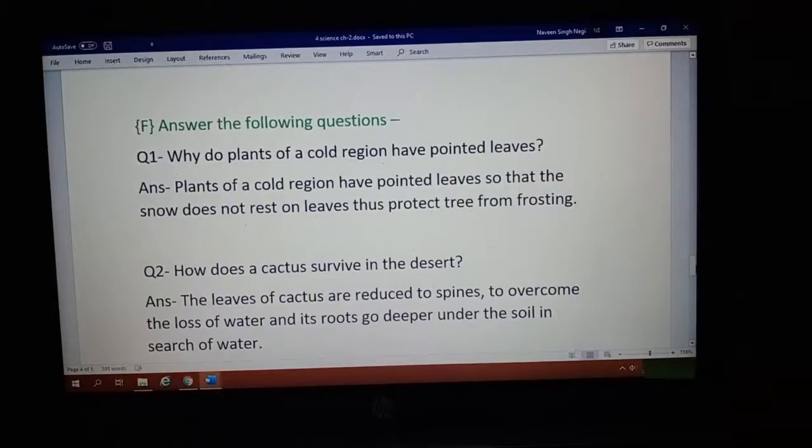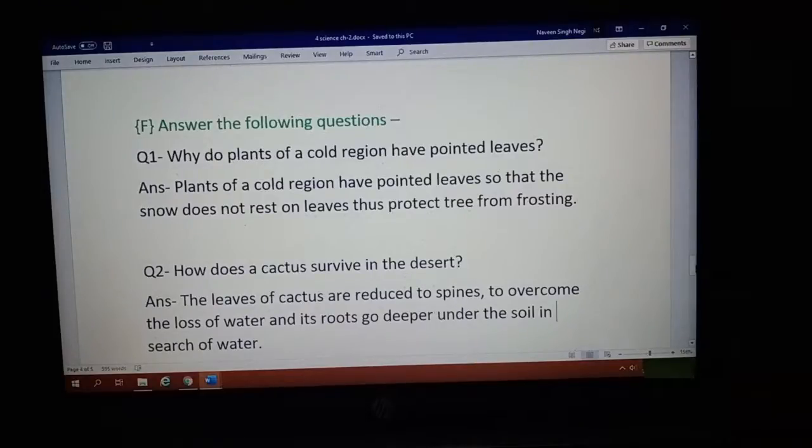And all of you know that we are doing the back exercise of chapter number 2. And today we are going to complete our back exercise of this chapter. The name of the chapter is Adaptation in Plants.